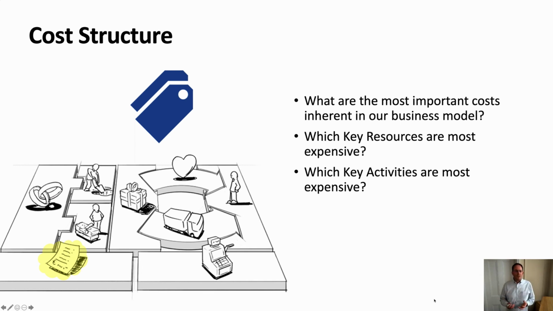These are the most important costs. So the cost structure should relate to key resources, key activities, the relationships you have with key partners and suppliers. And the cost structure also comes from the customer relationship, how you deliver that, and the channels, the distribution.